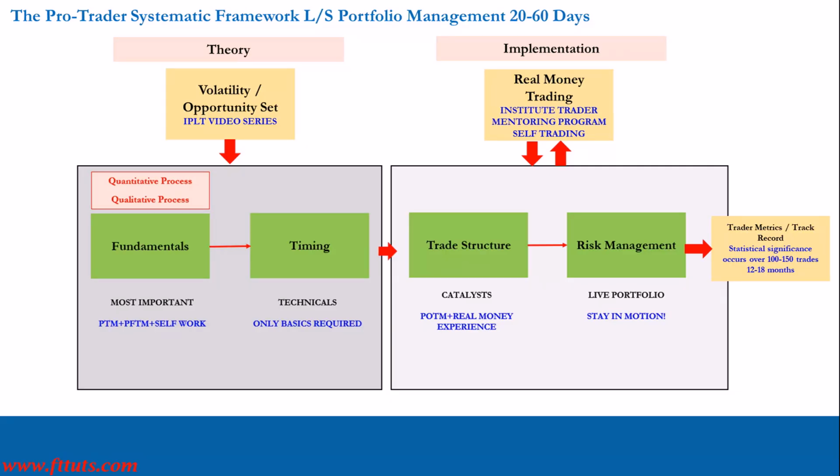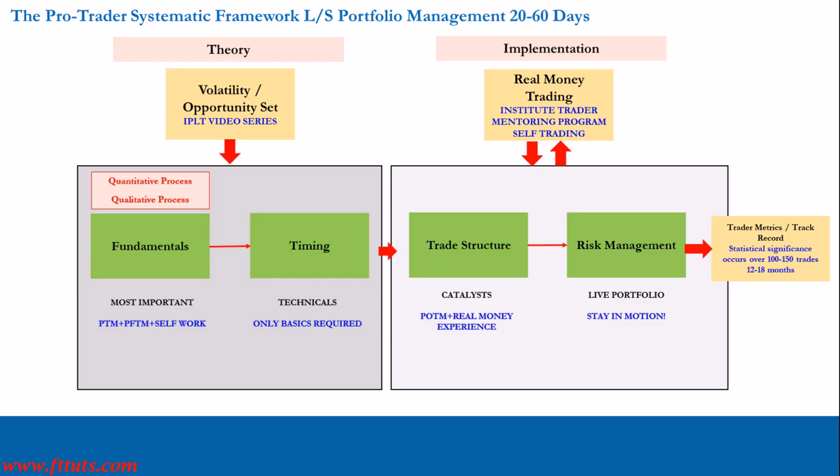So moving forward into the PTM video series, we're going to look at every element inside the boxes and the trader metrics. The volatility and opportunity set is the IPLT video series, and real money trading happens with real money, either as an institute trader or outside the institute self-trading, or as an institute trader on a mentoring program.